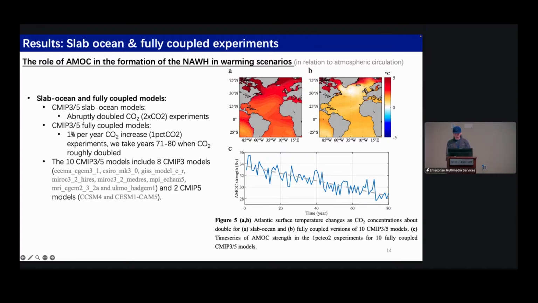And for the fully coupled models, we use the 1% CO2 experiment and take the year 71 to 80 when the CO2 roughly doubled. As in panel B here, there is a warming hole along with weakening AMOC in panel C. So the difference between the fully coupled and slab ocean models represents the impact of the ocean circulation, especially the AMOC.